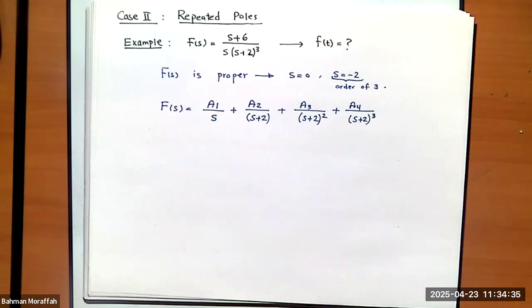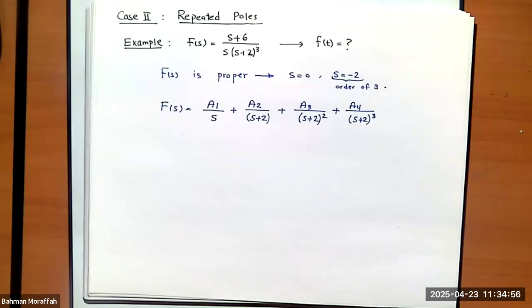I have to have all those decompositions, because if I take a common denominator, those little terms will show up. The question is, how do I find A1, A2, A3, and A4?